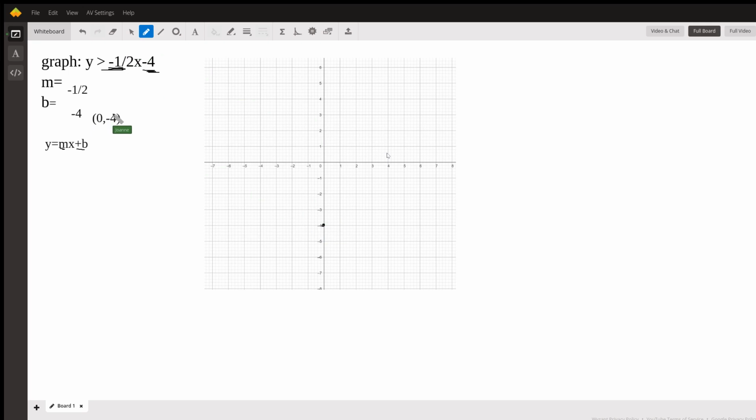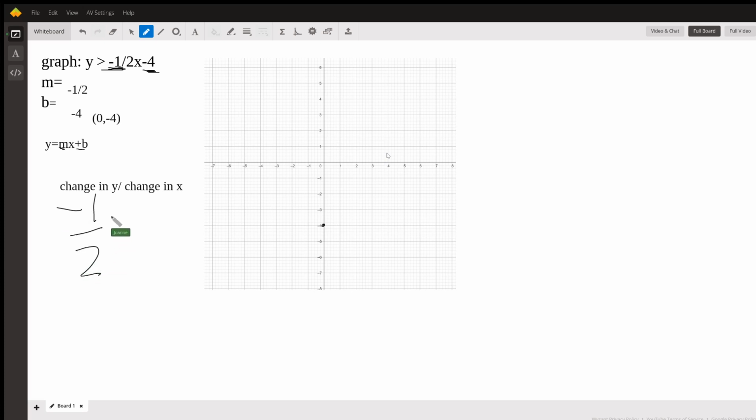And then it tells us another piece of information. We have our slope here. Our slope is defined as the change in y over the change in x. When I look at this negative 1/2, in the top, it's negative 1.